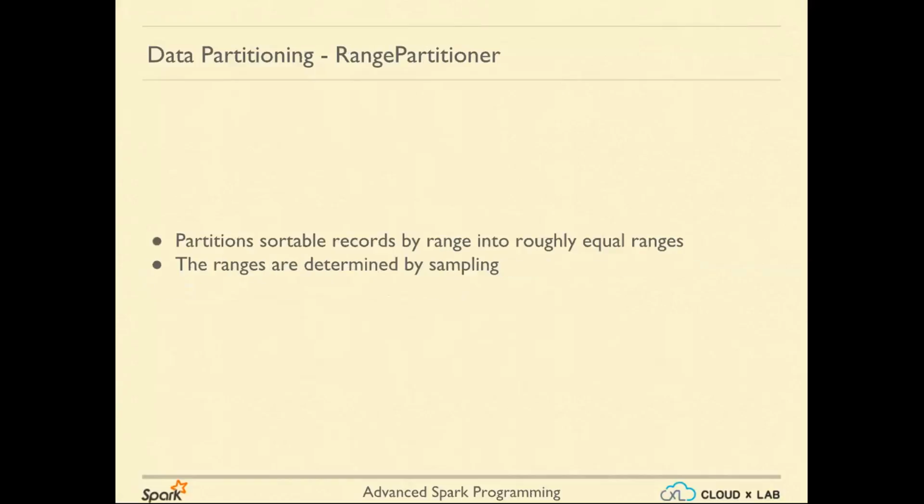So it partitions sortable records by... then there is something called range partitioner. Range partitioner partitions sortable records by range into roughly equal ranges. The ranges are predetermined by sampling. Let's say you have a lot of data and you would like to partition it based on range.